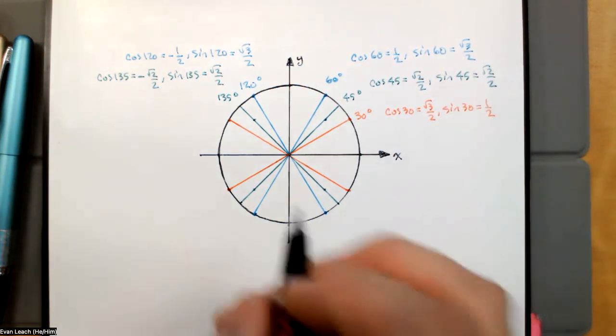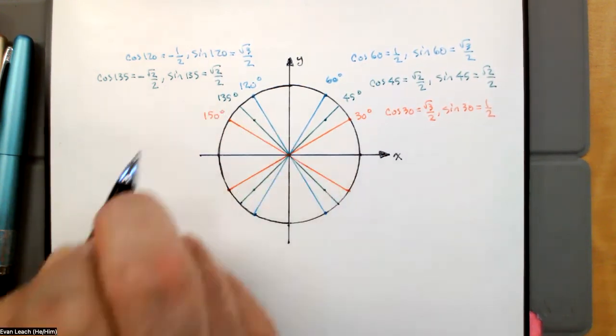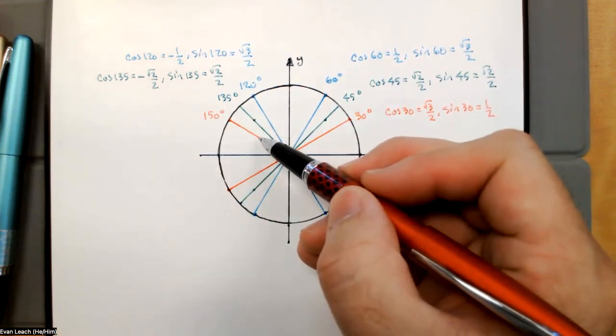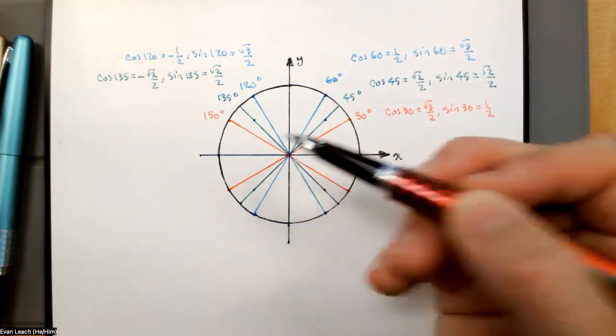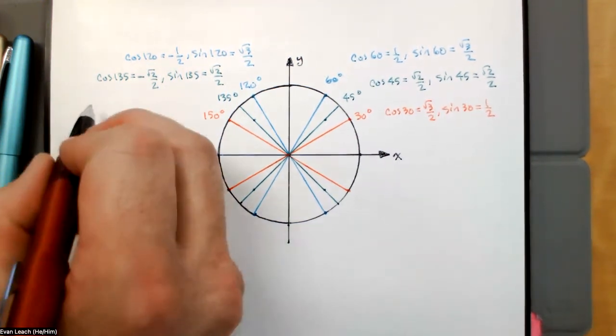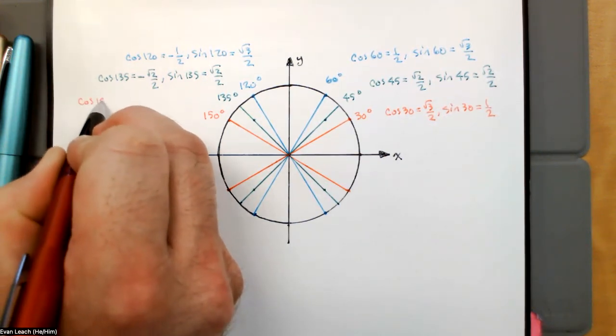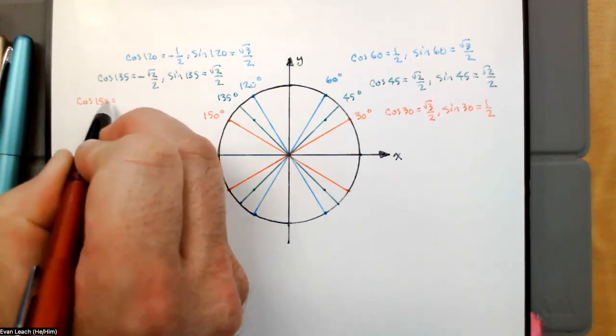And then finally, we get to a 150-degree angle, because it's 30 degrees from the terminal side of 150 to the negative x-axis. Since it's a 30-degree reference angle, cosine is going to be root 3 over 2, but negative because we're in quadrant 2. Sine is going to be 1/2 and positive since we're in quadrant 2. So cosine of 150 is negative root 3 over 2.